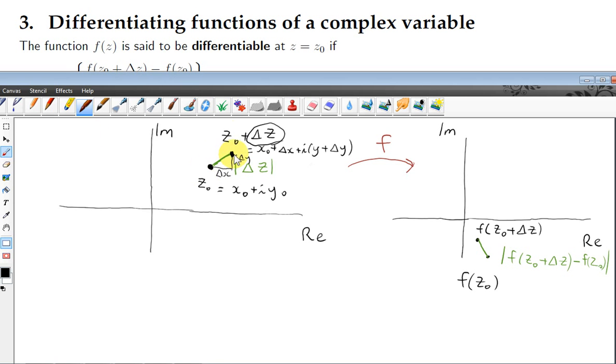And of course it shouldn't matter where z0 plus delta z is. I could have taken z0 plus delta z to be this point here, and then the modulus of delta z would be the length of this line here. So it doesn't matter how we take the limit, where we start out from as we approach z0, and what path we take the limit along.